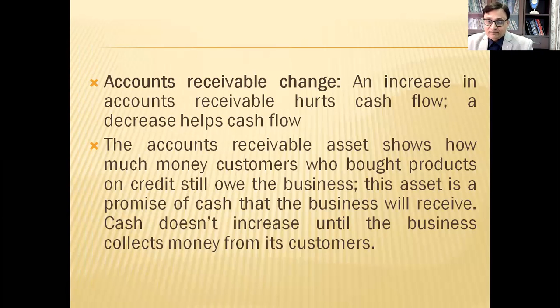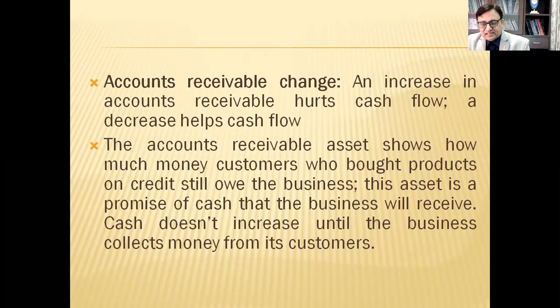Account receivable change: account receivable means your debtors, your bills receivable, etc. An increase in account receivable hurts cash flow. If there is an increase in debtors or bills receivable, it means sales have been made but the cash is not received. Similarly, a decrease in account receivable helps us realize cash flows. Debtors have decreased, which means we have got the cash.